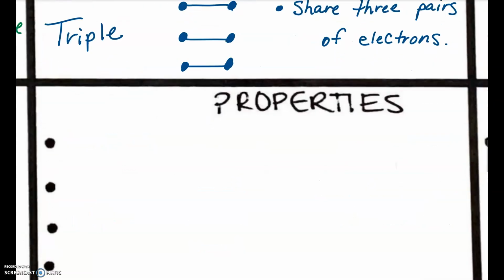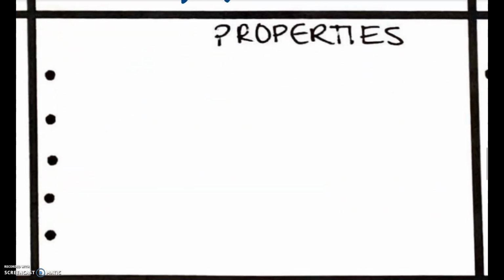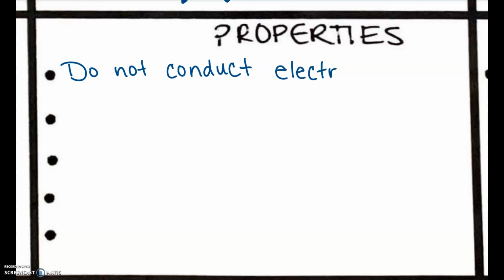All right, moving down and on to the properties of covalent bonds. Covalent compounds do not conduct electricity. They have lower melting points and lower boiling points.